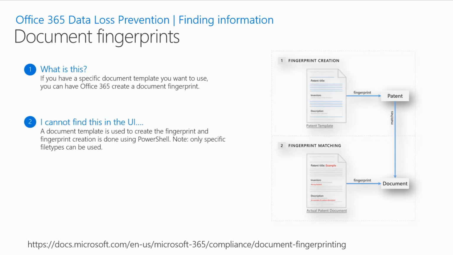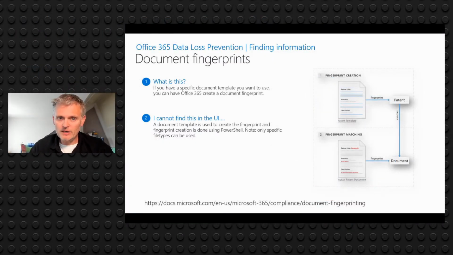You cannot find this in the UI. You need to use PowerShell for this, and only very specific file types can be used. I've included the URL if you want to look at this. It's still relevant, although perhaps you might be better off looking at the new trainable classifiers if you're interested in really creating your own sensitive information types.